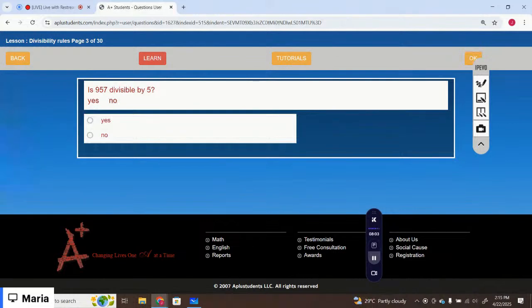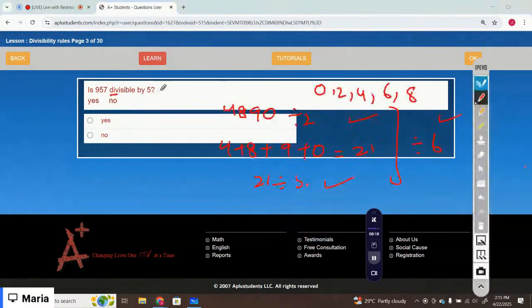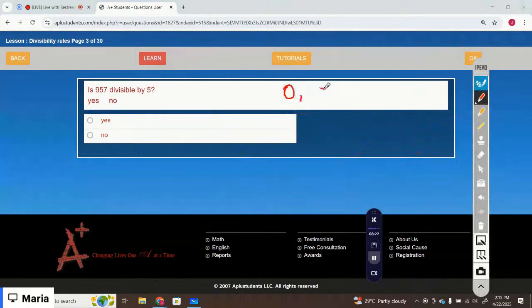Is 957 divisible by 2? Sorry, by 5. No, that is not divisible by 5. Why? Because the divisibility test for 5 is that the ones digit must be 0 or 5. Here we have 7.